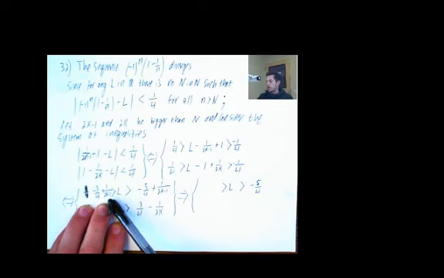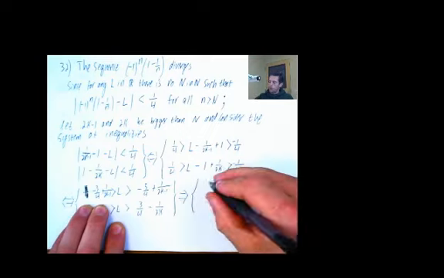So the biggest thing I could be adding is 1. If I were adding 1, that would give me negative 3/4 plus 1, which is negative 3/4 plus 4/4. That would give me 1/4.